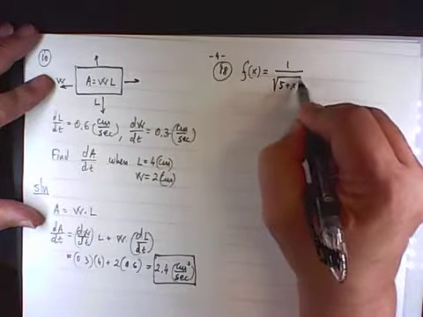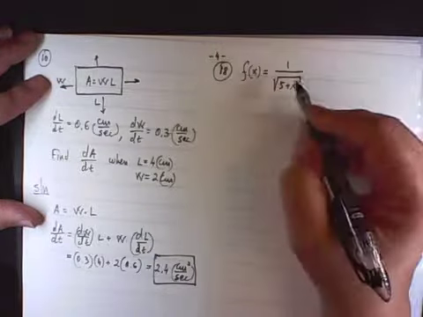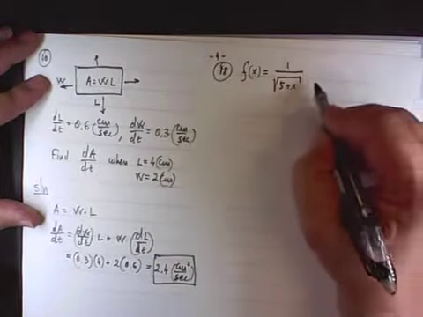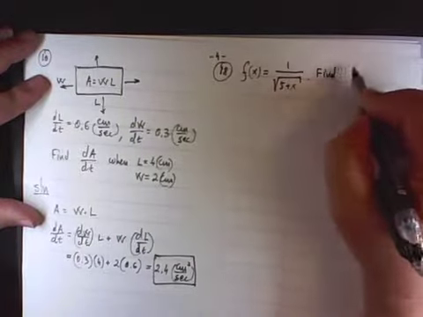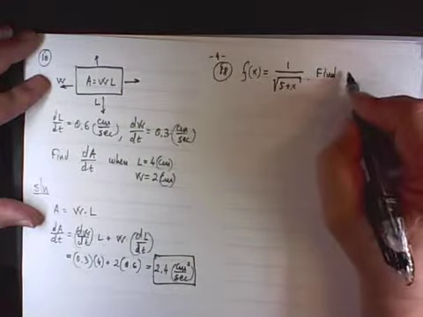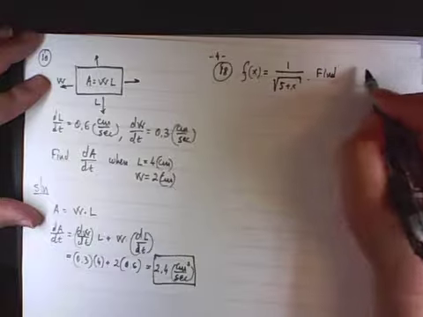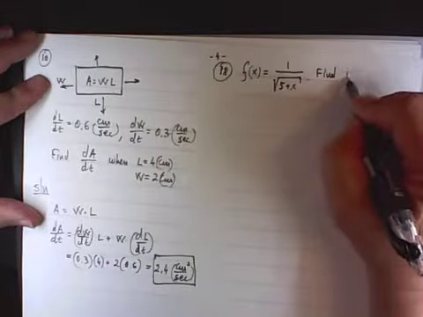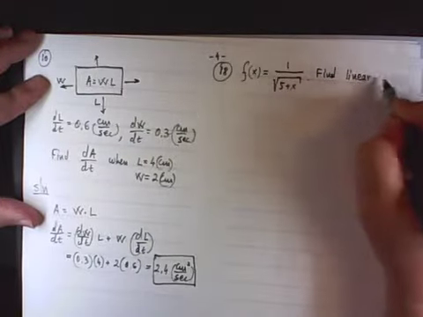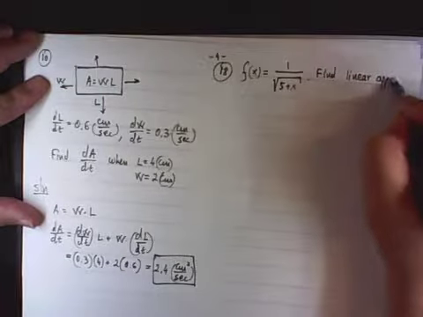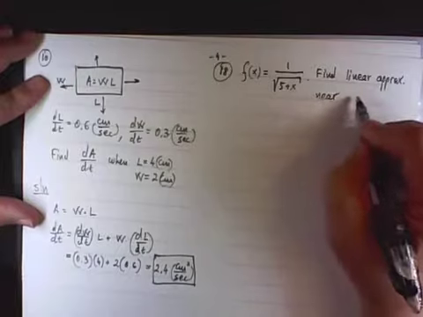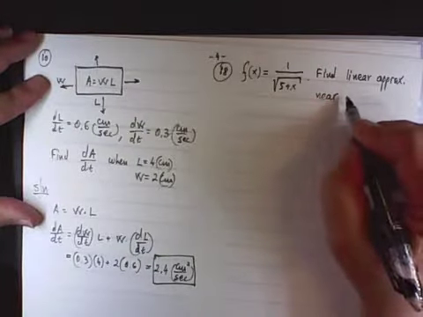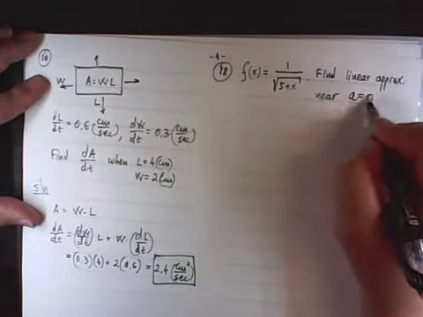Is there a typo in the answer key on this one? 8 possibly. Okay, and we want to find the linearization or linear approximation near x near 0, near a equals 0.